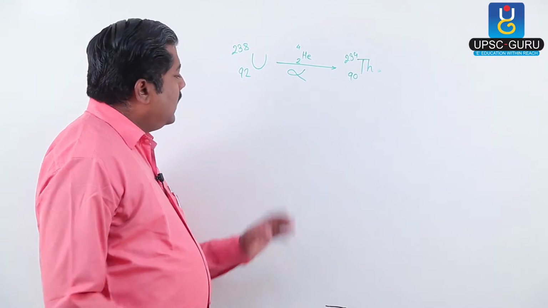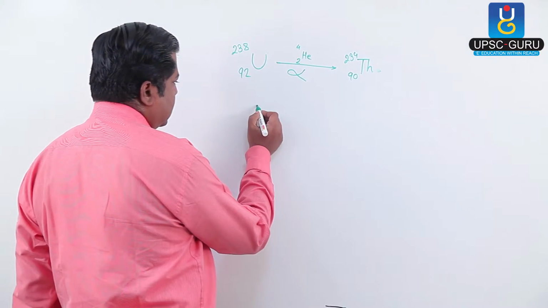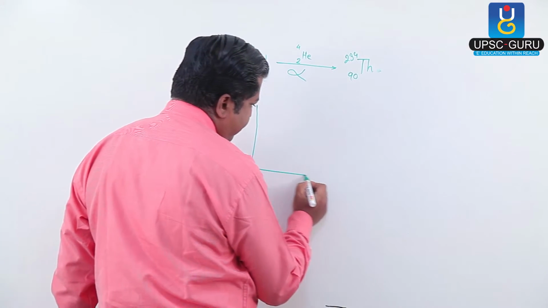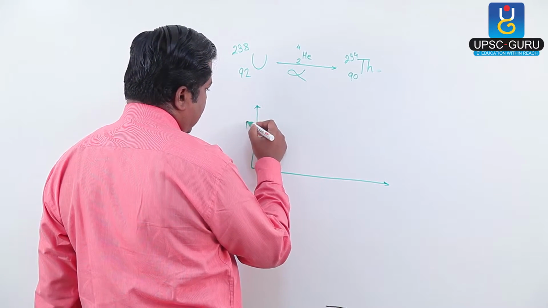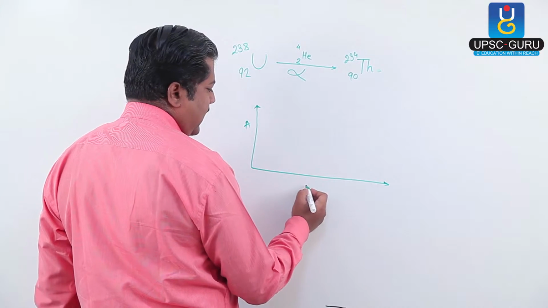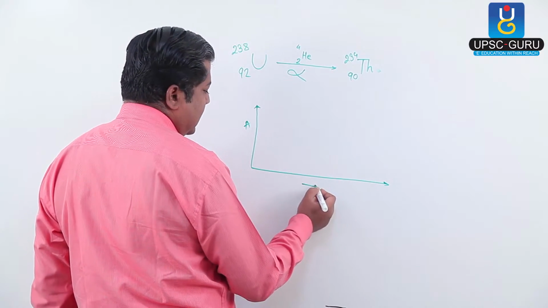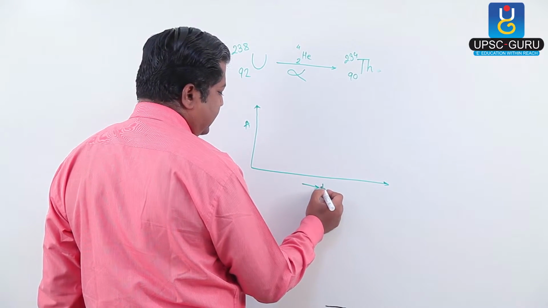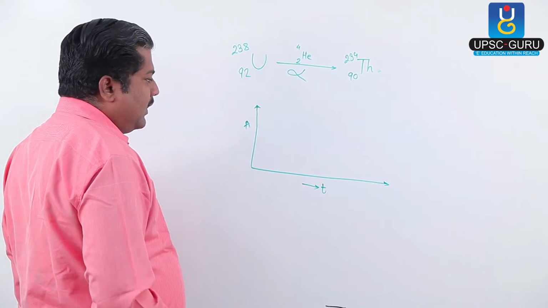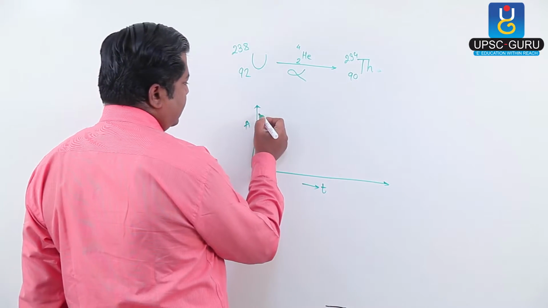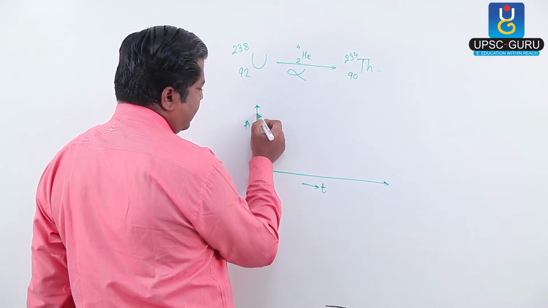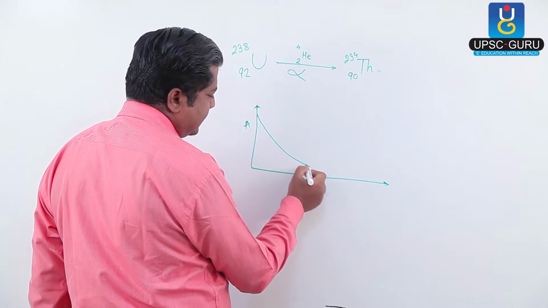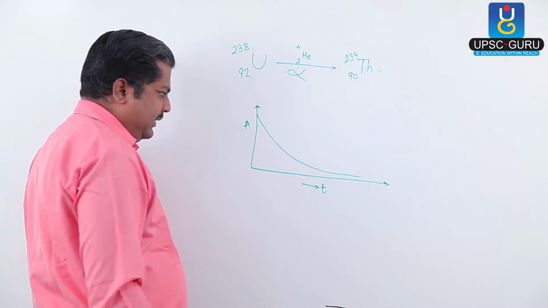Now, if you check graphically, on the y-axis we are taking the amount of substance, and on the x-axis we are taking time. The expected graph is something like this, decreasing.